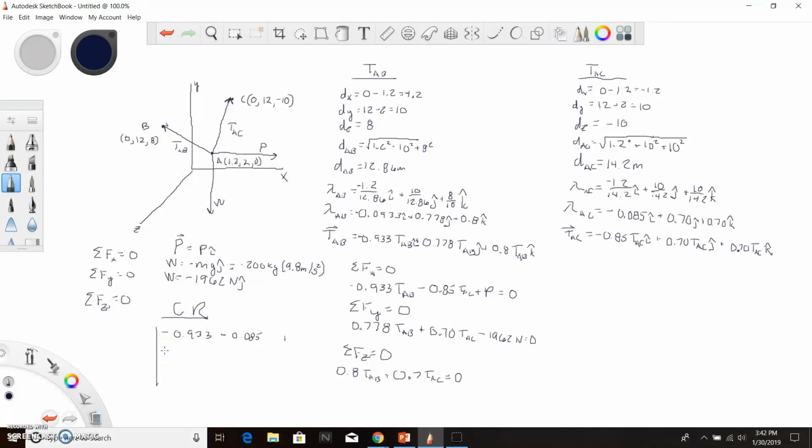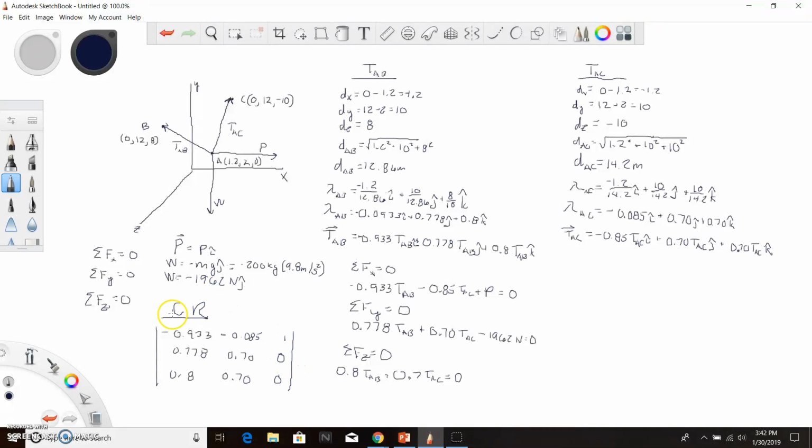Next line, all the y's: 0.778, 0.70, and 0 because there's no P. Then the z's: 0.8, 0.70, and 0.